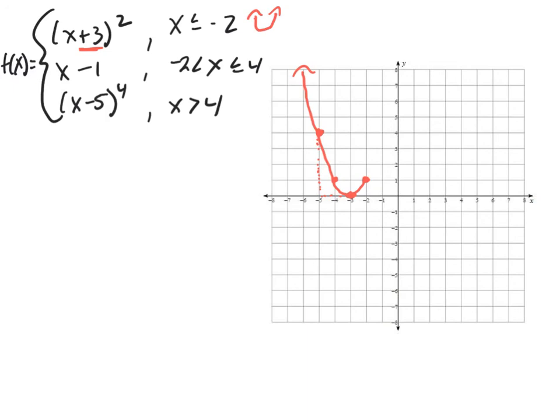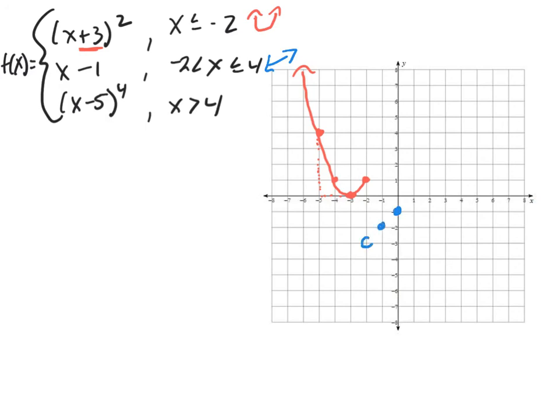Okay, second part. This is a line with a slope of +1. So we're going between -2 non-inclusive, so no equal sign there, and 4 inclusive, we have an equal sign. So for this line, we start at a y-intercept of -1, and then we have a positive slope of 1.